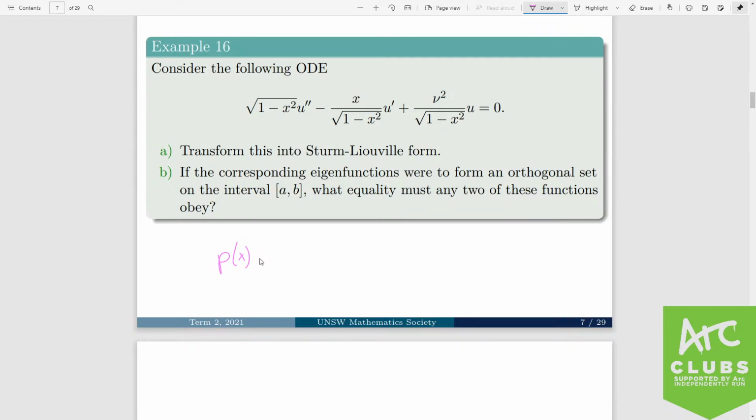find the integrating factor, which is the exponential of the integral of a1 divided by a2, so minus x divided by square root of 1 minus x squared, divided by square root of 1 minus x squared, dx.